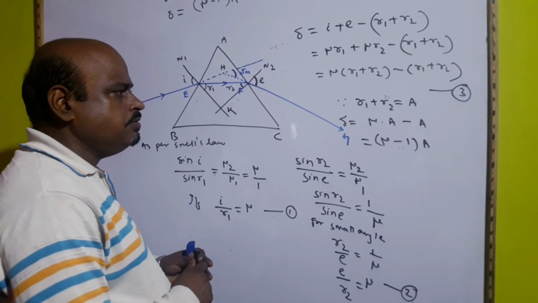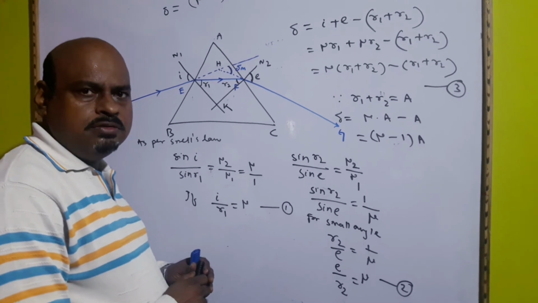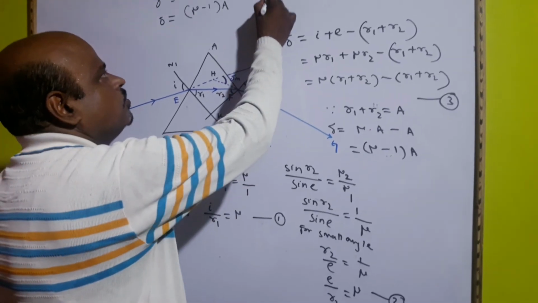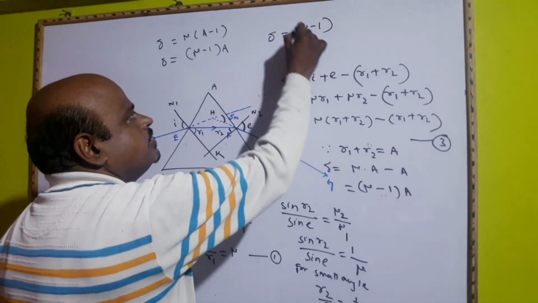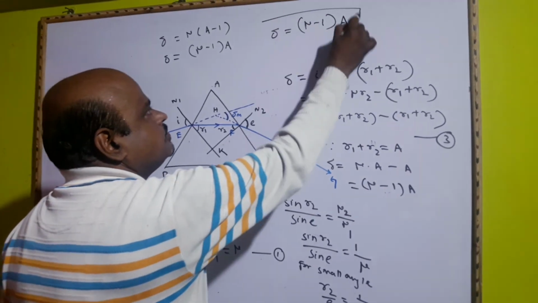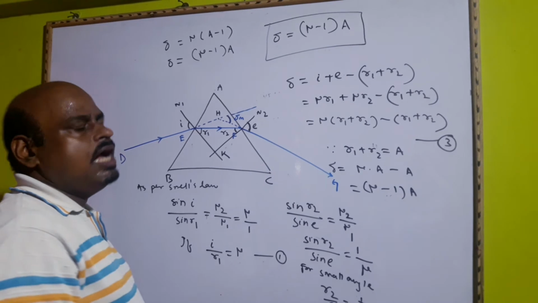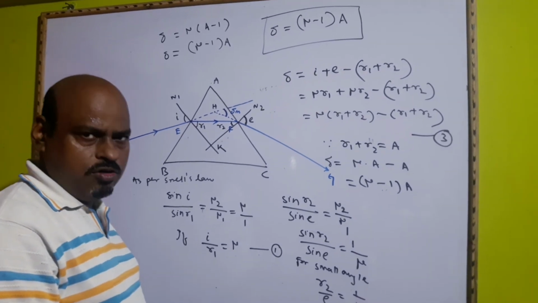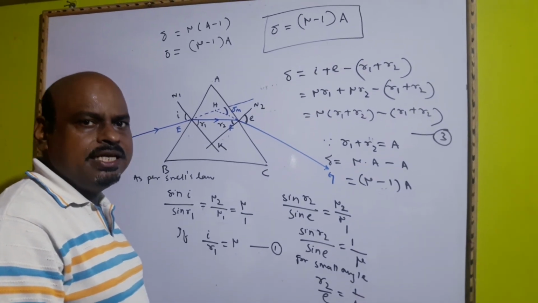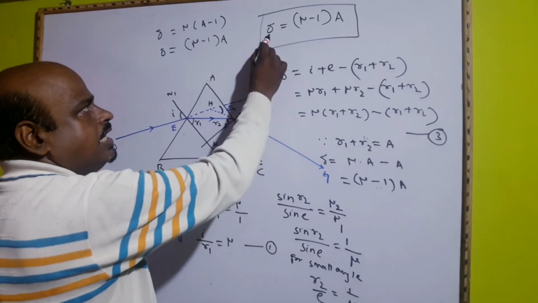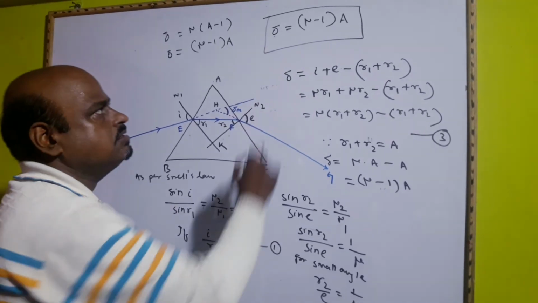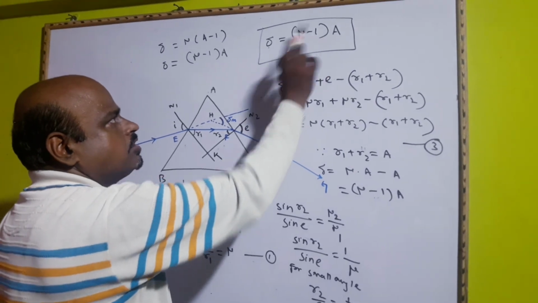So delta equal to (mu minus 1) into A. When the angle of prism is small, A less than or equal to 10 degrees, then the angle of deviation delta is equal to (mu minus 1) into A.